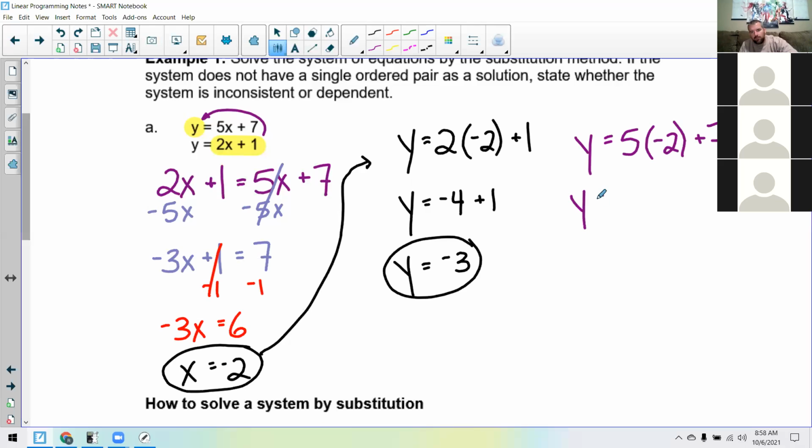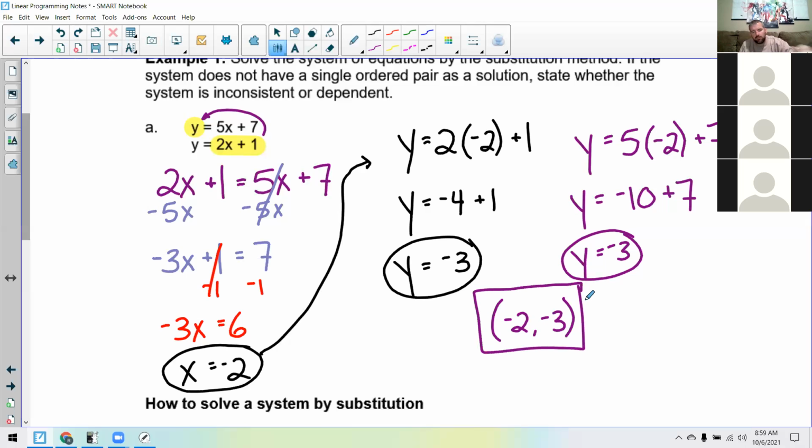I get y equals -10 plus 7, so y equals -3. So the coordinate will be -2, comma, -3. That's the point where these two lines cross.